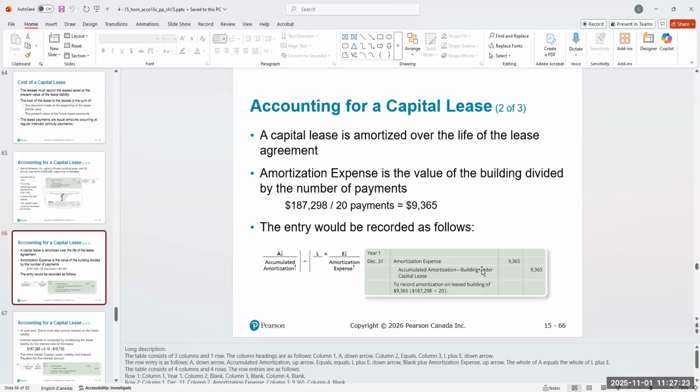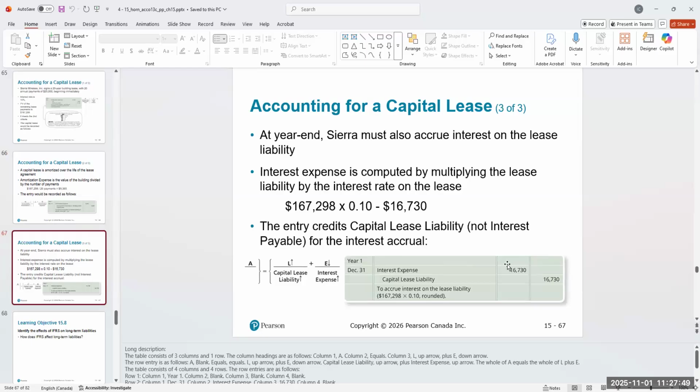We're going to start amortizing that building under capital lease every year, because at the end of the 20th year, we stop using the asset, so we have to transfer all the value of the building into expenses as amortization. The other thing that we have to do is show the interest expense.